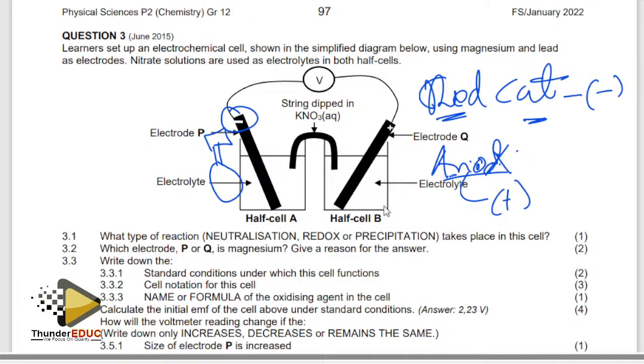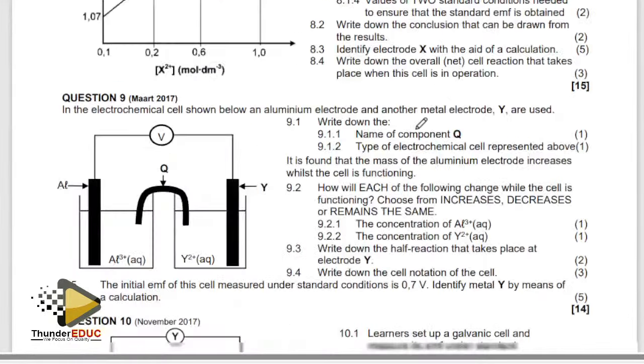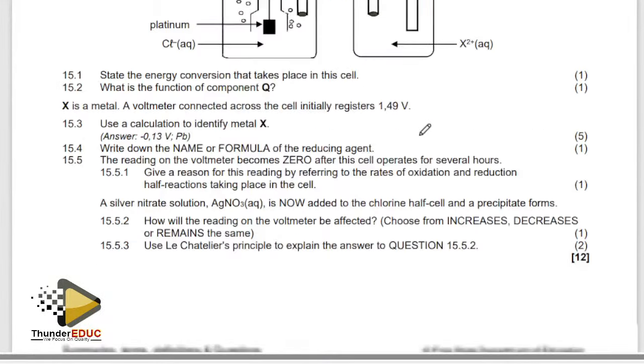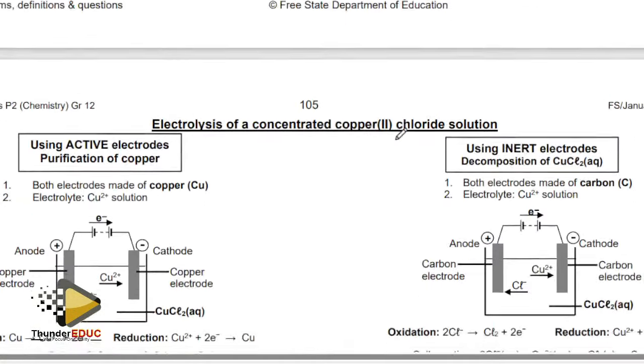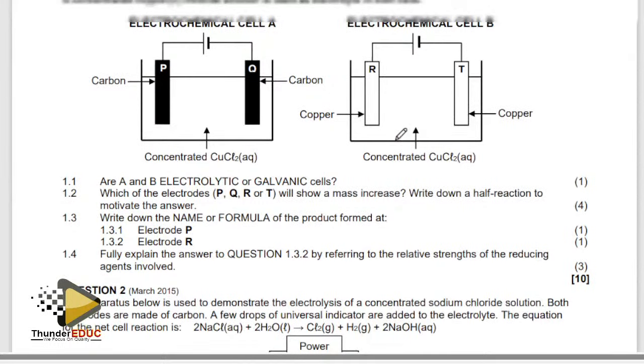But this one has a salt bridge, so it is not an electrolytic cell. Let me look for an electrolytic cell here so that you understand what I'm saying. Yes, something like this.